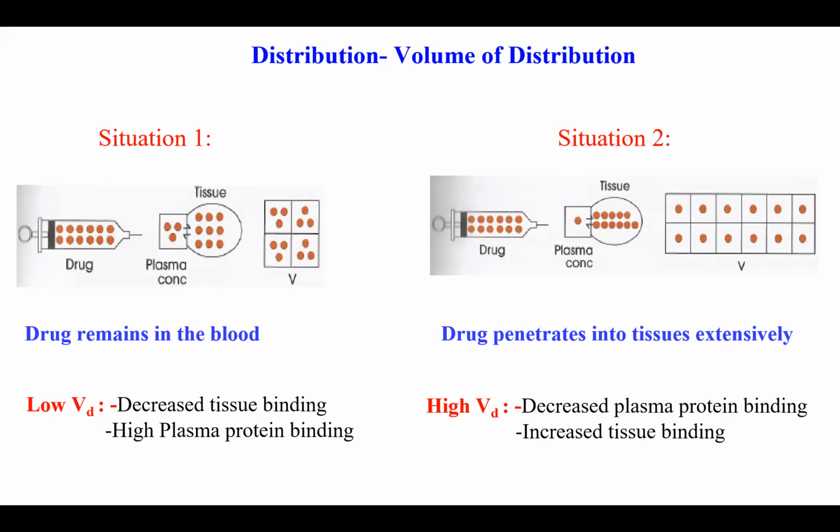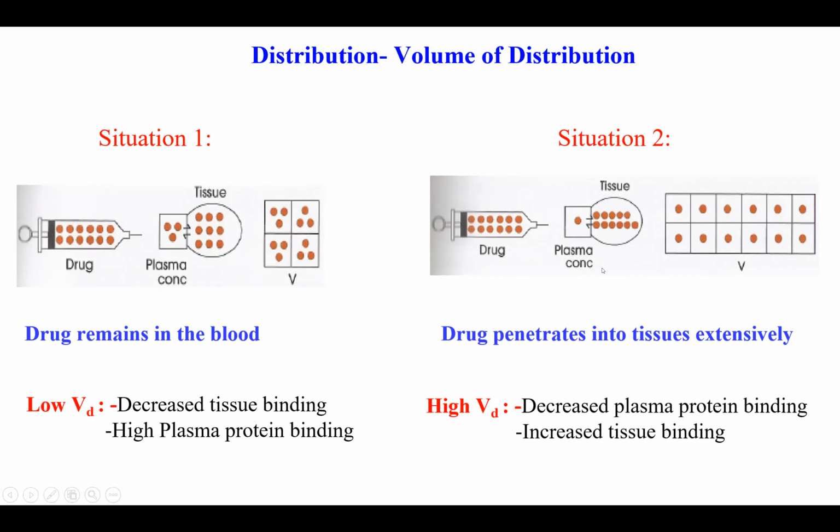However, if the drug remains in the blood, that means there is decreased tissue binding or the drug is bound to our plasma protein. So that's one thing that we need to consider, especially for our dosing intervals, since high plasma protein binding will hamper drug distribution.